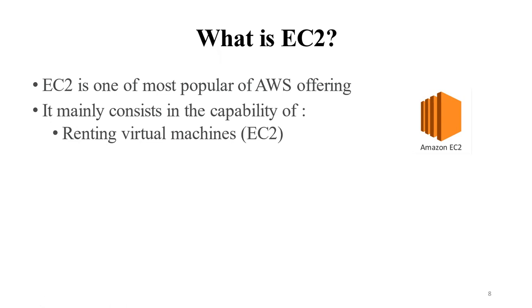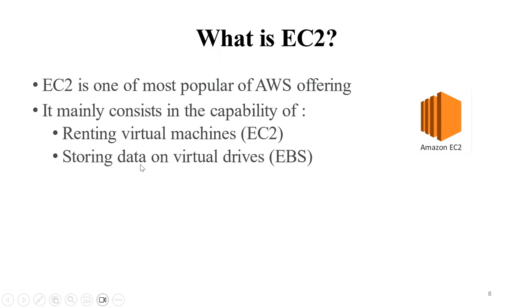It gives us virtual machines, so it is like renting. We get EC2 instances, that is virtual machines, on a rental basis. The EC2 service on AWS is where you request the virtual machines that are required, and you get those virtual machines on the basis of rent.